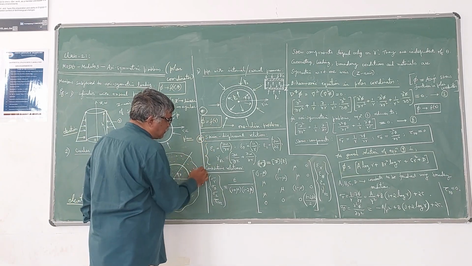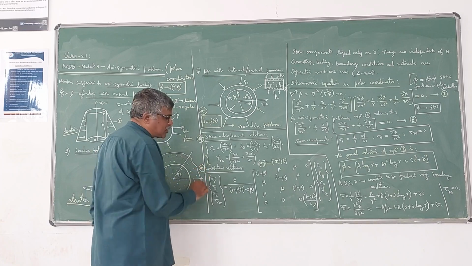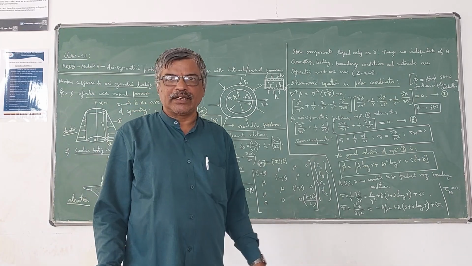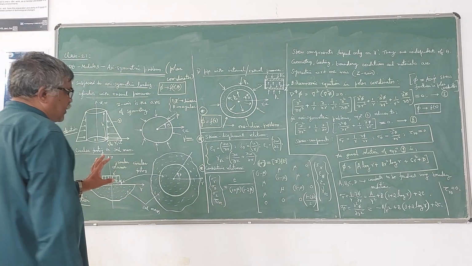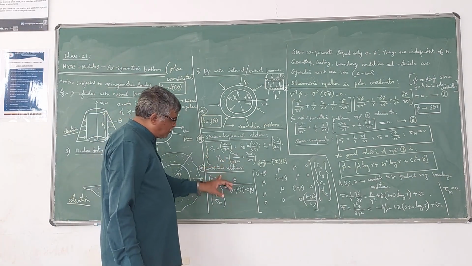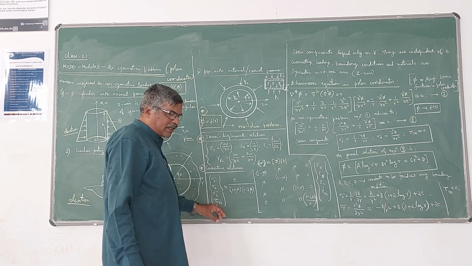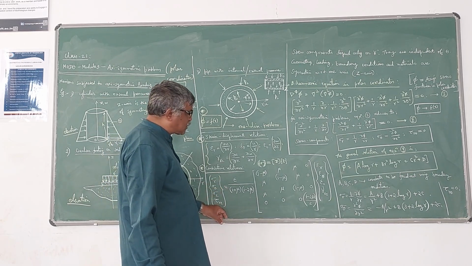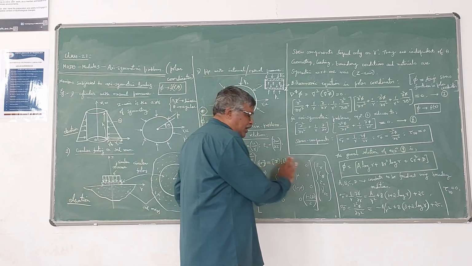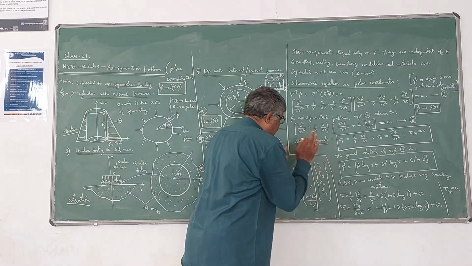Coming to constitutive relations, which give the relationship between stress and strain. These four components of stresses, sigma r, sigma theta, sigma z and tau r z, can be expressed in the form of a constitutive relation in terms of strains.